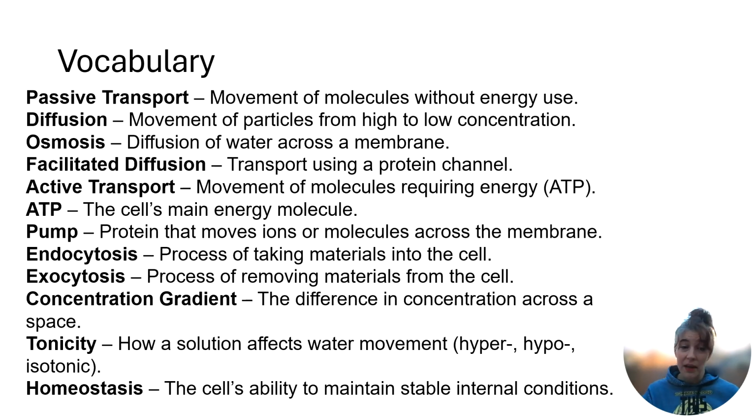Some vocabulary, we should be aware already of these words: passive transport, diffusion, osmosis, facilitated diffusion, active transport, ATP, pump, endocytosis, exocytosis, concentration gradient, tonicity, and homeostasis. So homeostasis, we've already talked about. It's a cell's ability to maintain stable internal conditions, so it's balance.